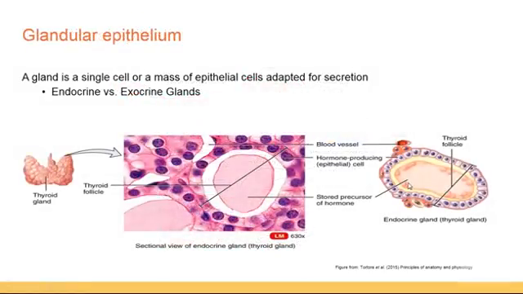Glandular epithelium, this kind of epithelium can be a single cell or a mass of epithelial cells. Their function is related to secretion. You can have endocrine glands, and these are going to release contents, things such as hormones, into the bloodstream. Or you can have exocrine glands, and the exocrine glands are going to release their contents into the surrounding area.